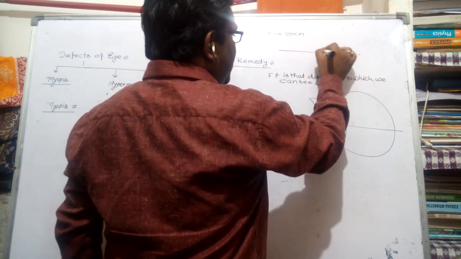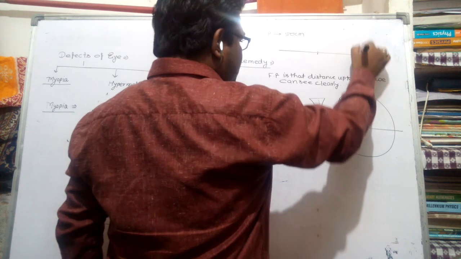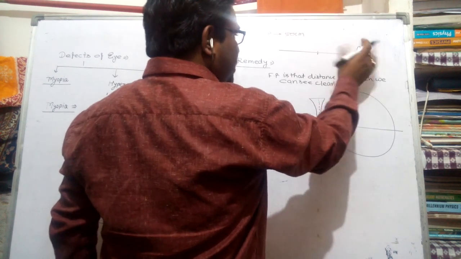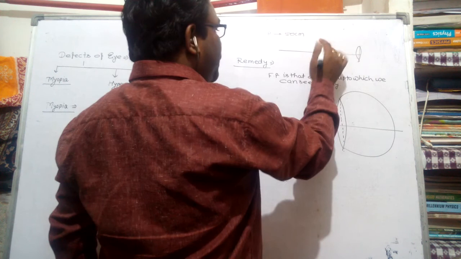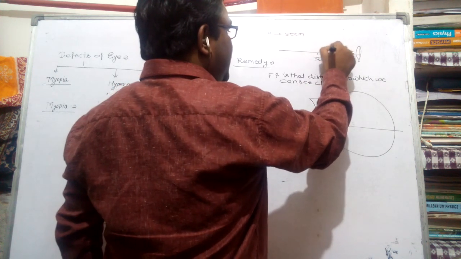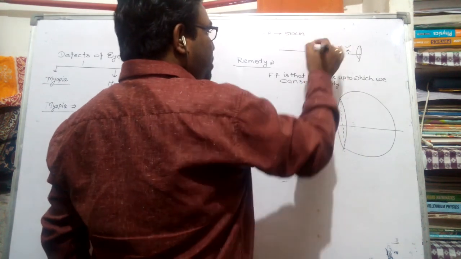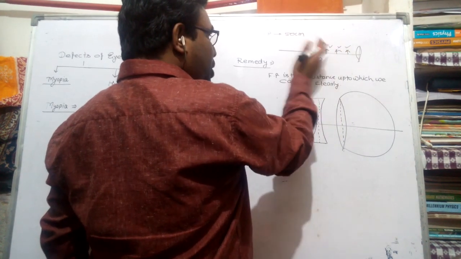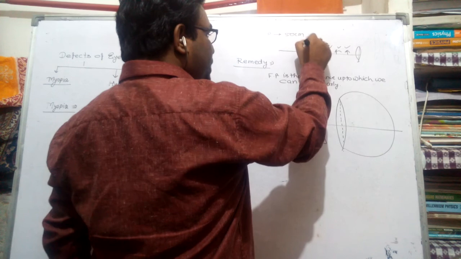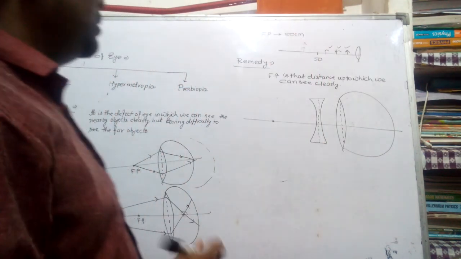When the object is placed in between the 50 centimeter, it is seen clearly. But when this object is placed beyond this 50 centimeter, it is not seen clearly.